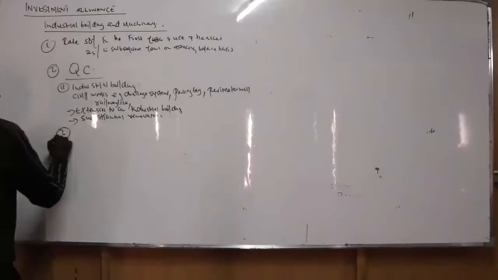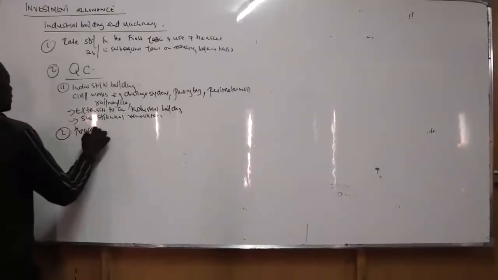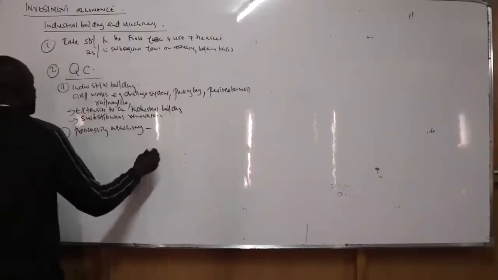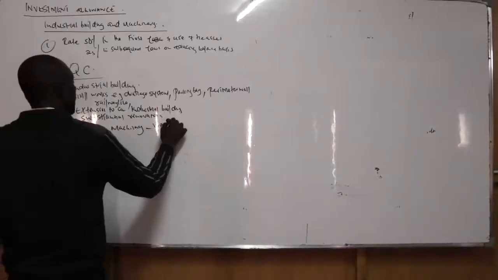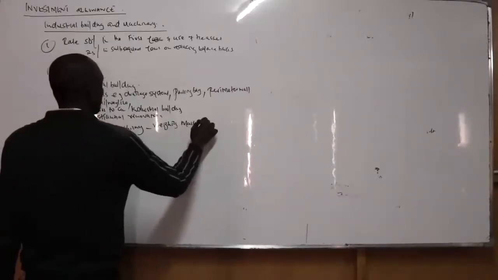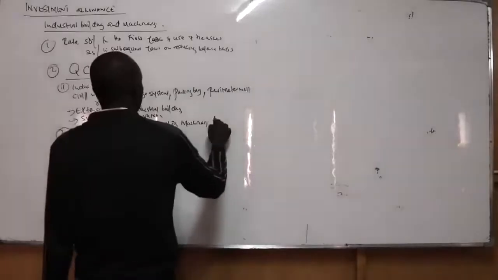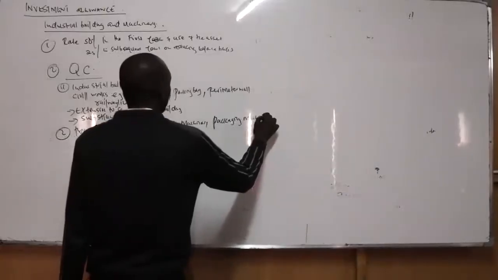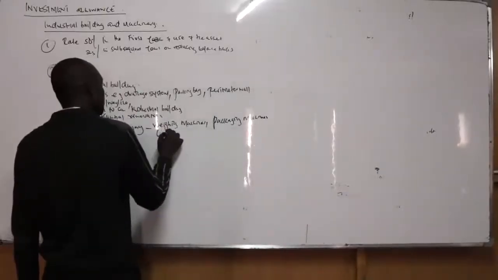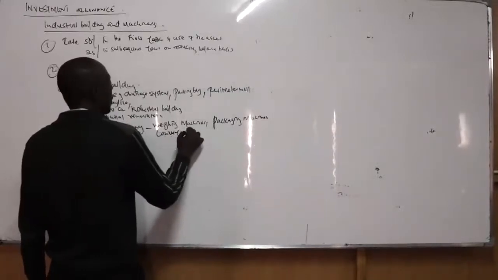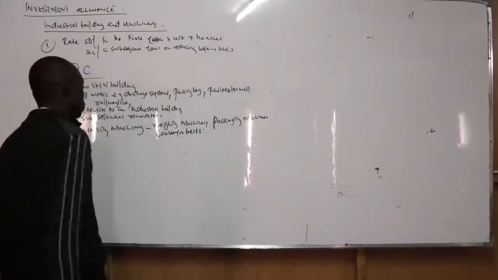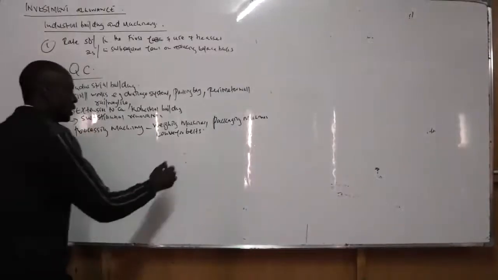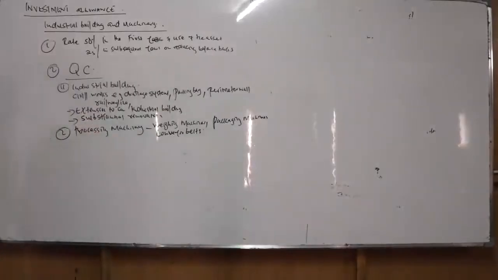Number two, we have processing machinery, the machines that are used to process items, including the weighing machines, the packaging machines. We also have conveyor belts, those machines that are used to carry items from one part to another part of the building. We call them conveyor belts, packaging machines, weighing machines.